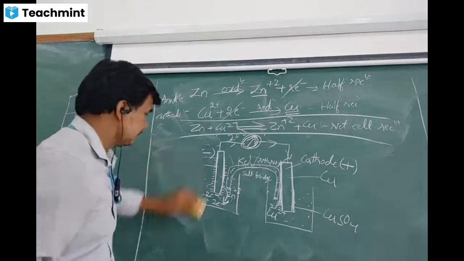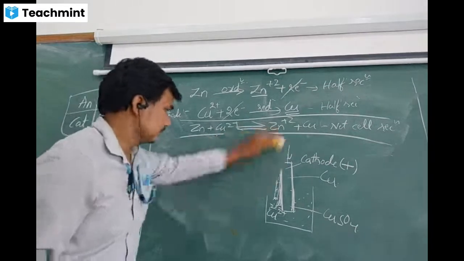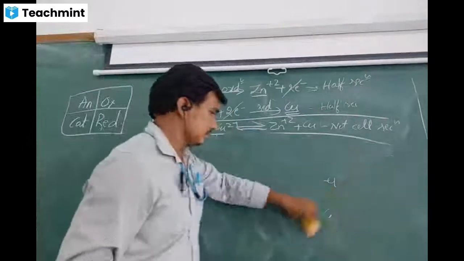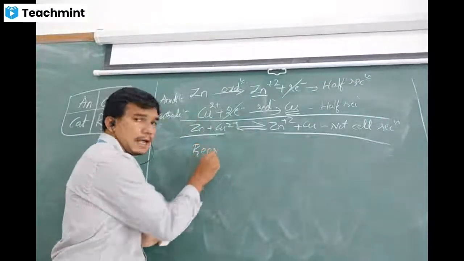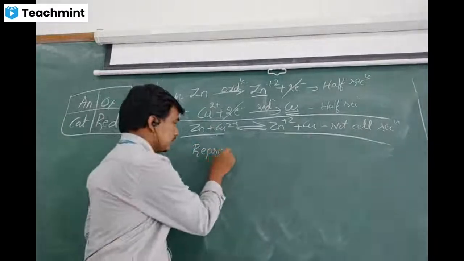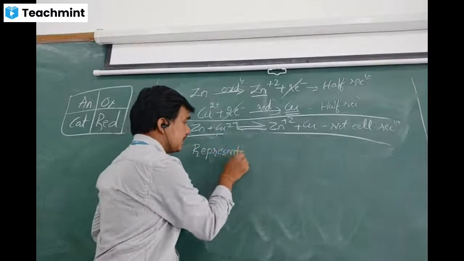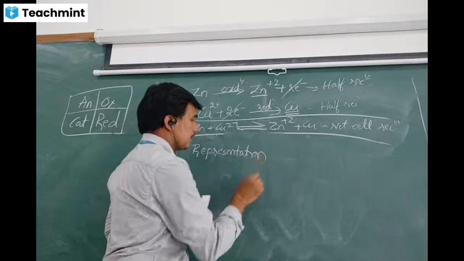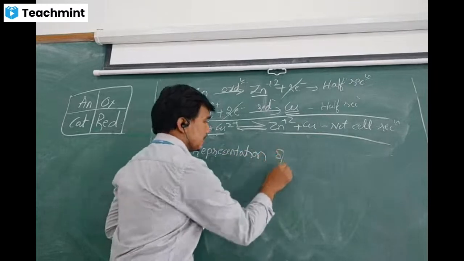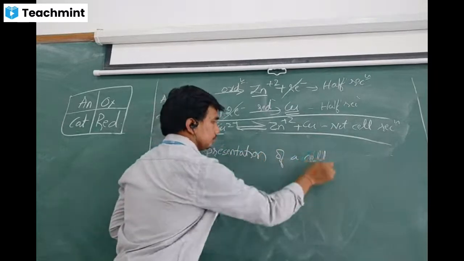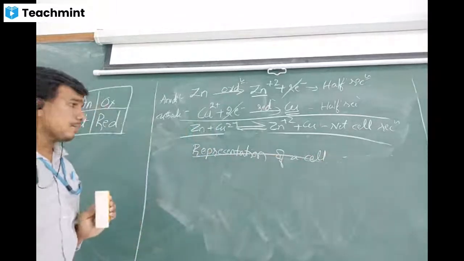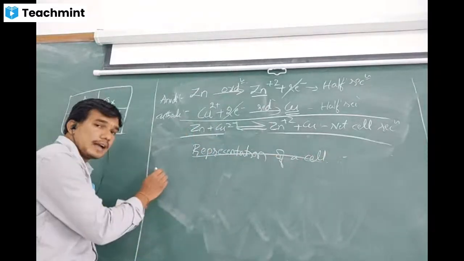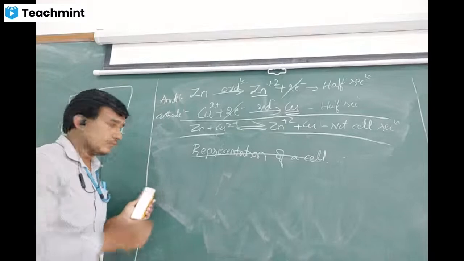representation of a cell. This is the basic thing you must know in electrochemistry. How should you represent it? First at the left, which one?